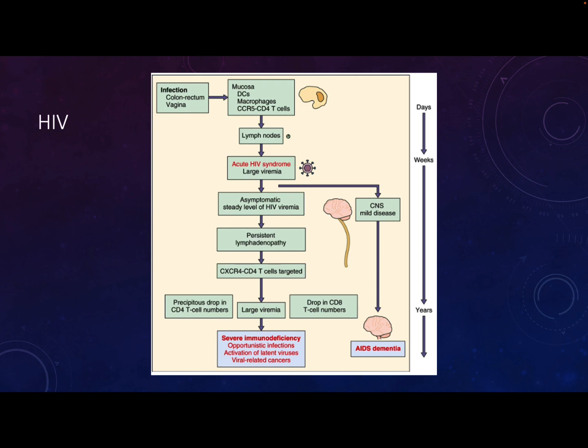It really is sexual or bloodborne transmission. It gets into the immune cells, it travels throughout the body, it can go into the lymph nodes, and patients will experience what we call acute HIV syndrome, a flu-like illness, because they have a really large viremia.